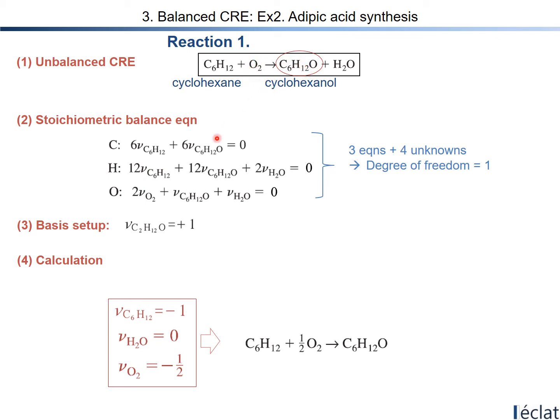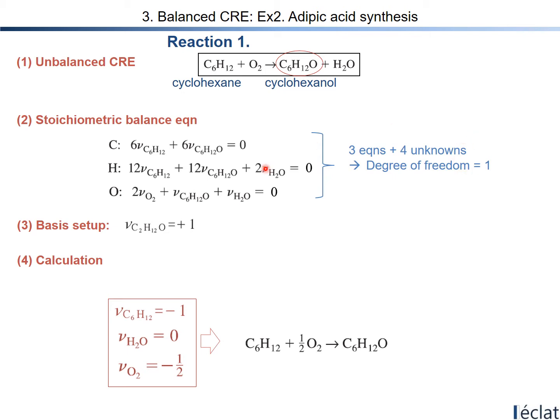And 12 with coefficient, and 2 hydrogen with coefficient should be 0. And then from the viewpoint of oxygen, no oxygen, ignore. 2 oxygen with stoichiometric coefficient, plus 1 oxygen here with coefficient, plus 1 oxygen with coefficient should be 0. So right now we have just set up the stoichiometric balance equations. So 3 equations plus 4 unknowns. So you need to have one more equation, or you should fix one unknown.